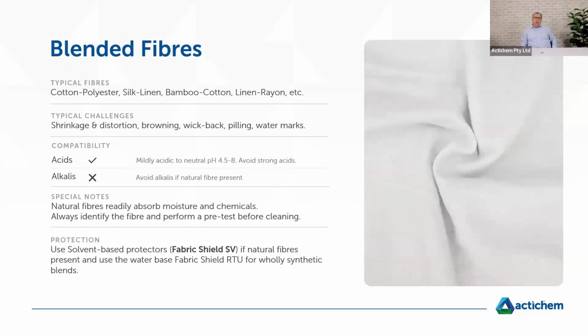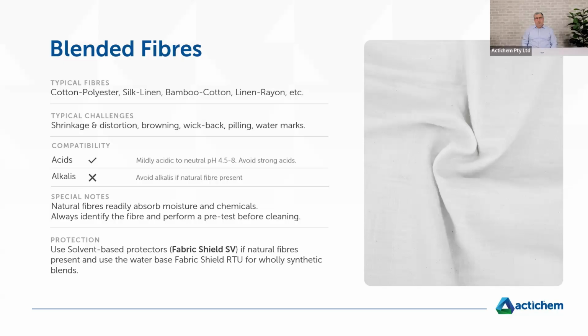Blended fibers, always treat a blended fiber as with carpet, always treat it as per the most delicate fiber in the blend. Often you will have acrylics and cottons blended together. Sometimes you may have 3, sometimes 4 different fibers. Unfortunately, a lot of blends include viscose, so you have to treat it as if it's a viscose.